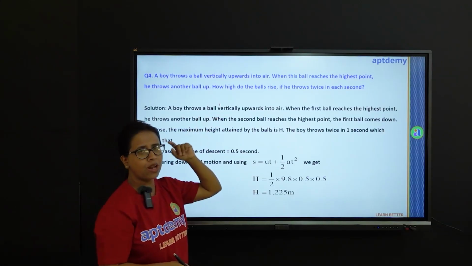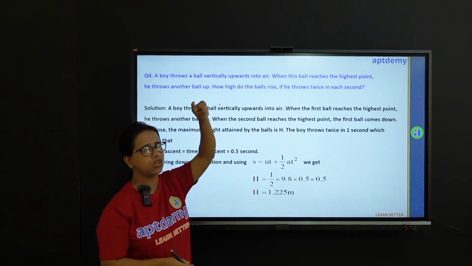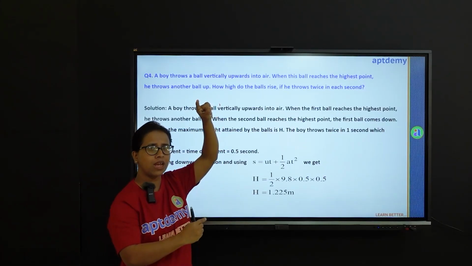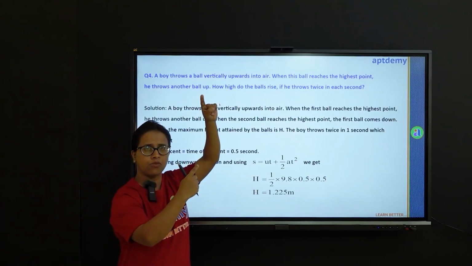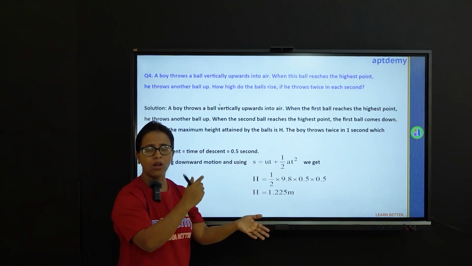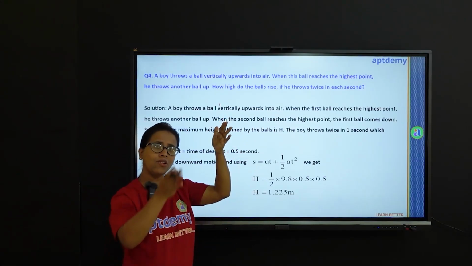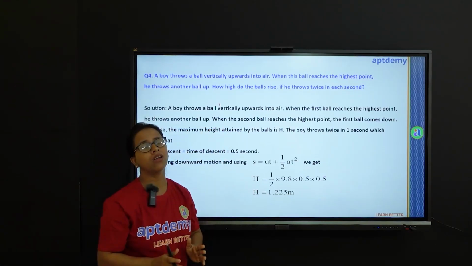So try to visualize this. By the time the first ball has reached the maximum height, the second ball is already thrown. Now during that time, what is happening to the first ball? It is coming down. Now recall, the time of ascent and the time of descent, which give us the total time of flight, are equal.